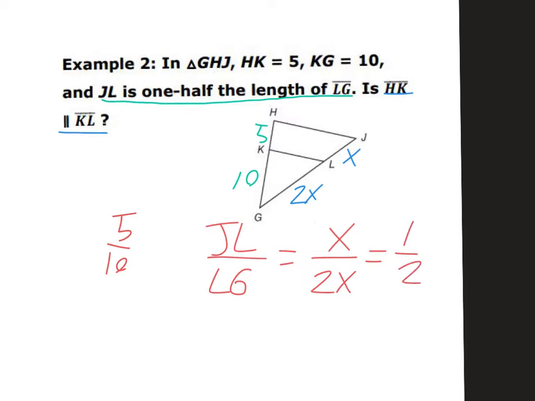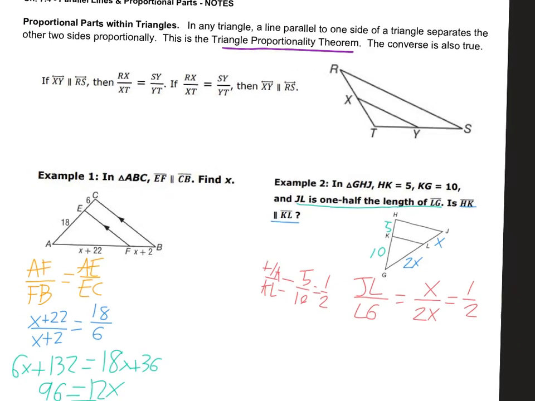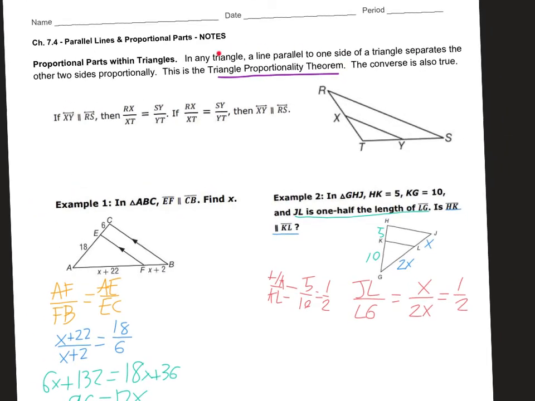The 5 over 10 from HK to KG also simplifies down to 1/2. Because this is proportional to that, HK is parallel to KL by the triangle proportionality theorem. So just different ways to look at our triangle proportionality theorem. Let's box up the actual theorem line for you.